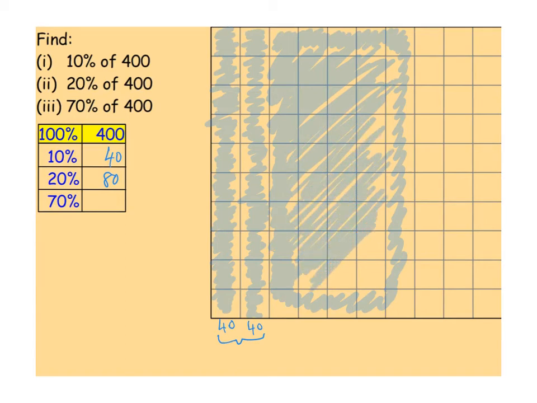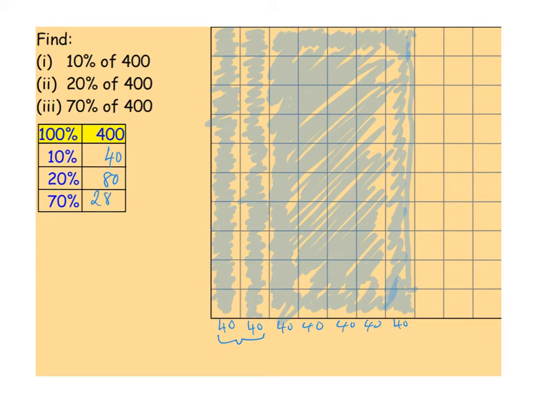And I know that each of those columns is worth 40. And so, oh, actually I've not done enough. I've only done 6 columns. Oh no, I've done 7. I just haven't written in the last one. My apologies, that's because of my bad shading. Should have done a bit more right up to the edge. There we go, 7. Okay, so we've got 40, 80, 120, 160, 200, 240, 280.